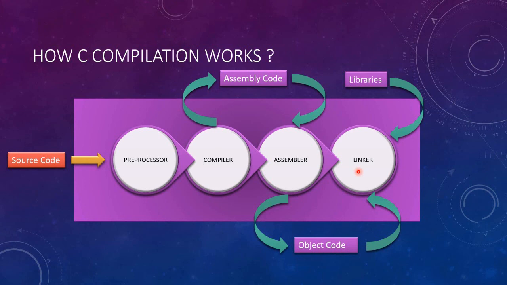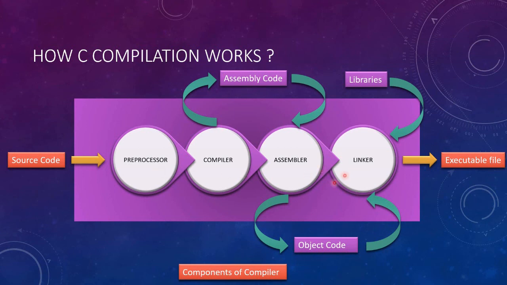We have mentioned stdio.h and conio.h, no? So the linker will link those files with the code, and convert the code into an executable file, right? So this is how the C compiler works. These four are called components of the compiler.